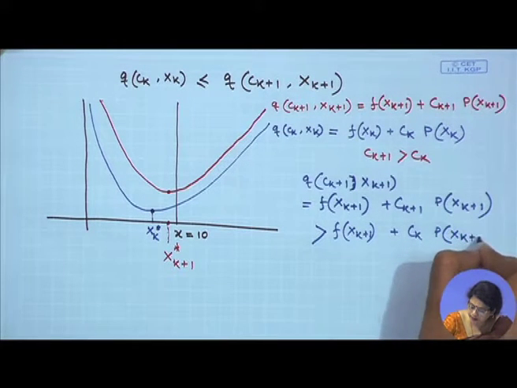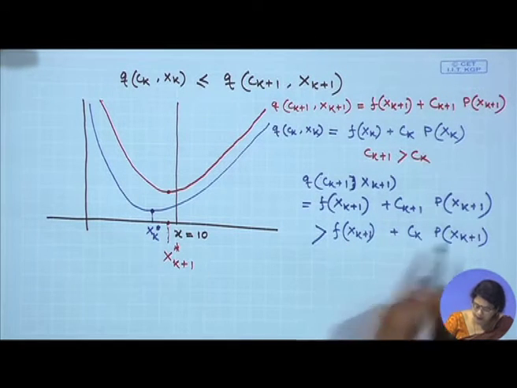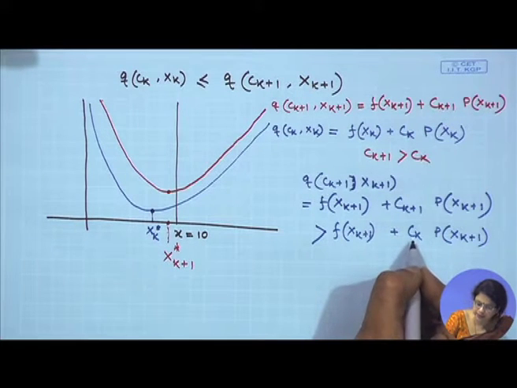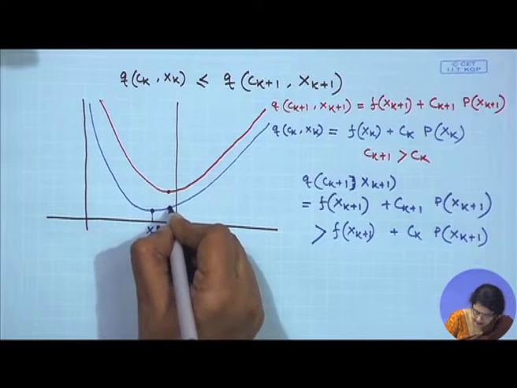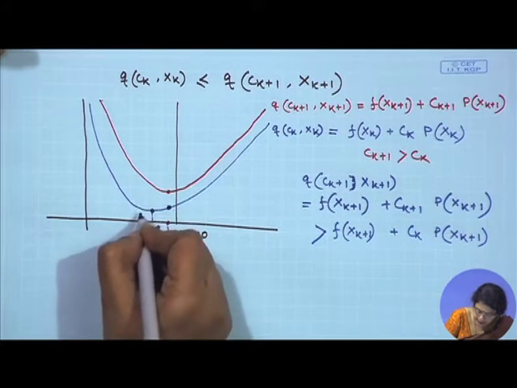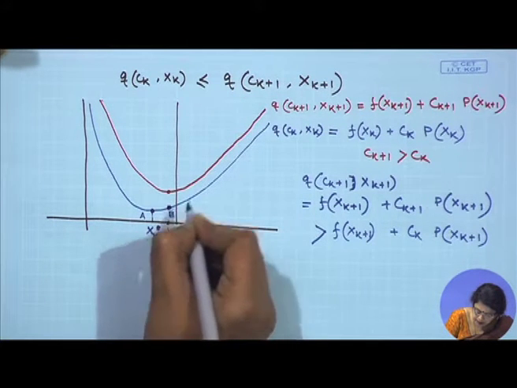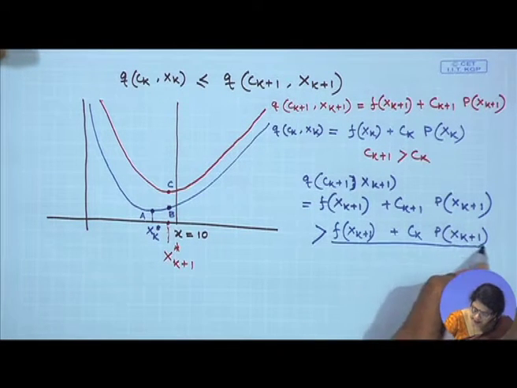Okay. Look at this value in the graph. Where is the value of this one? We are getting the value at this one. If I consider this as A, this as B, this as C, then B corresponds to this value.